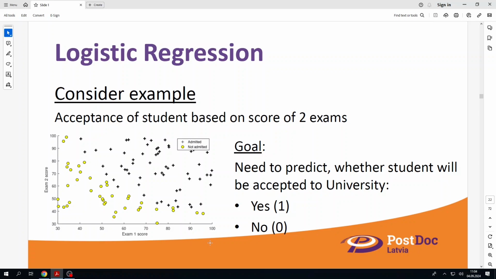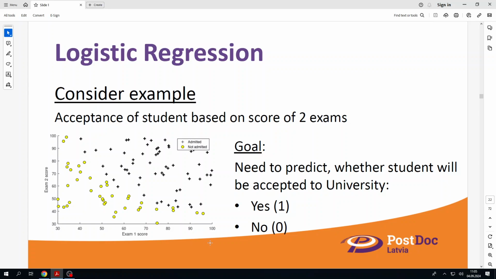So let's consider another example of data that we have, where you try to enter some studies at a certain university with very high requirements. You have 2 exams to pass before you are considered to be admitted or not, yes, and depending on your scores on these 2 exams, you are either admitted or not admitted, yes.